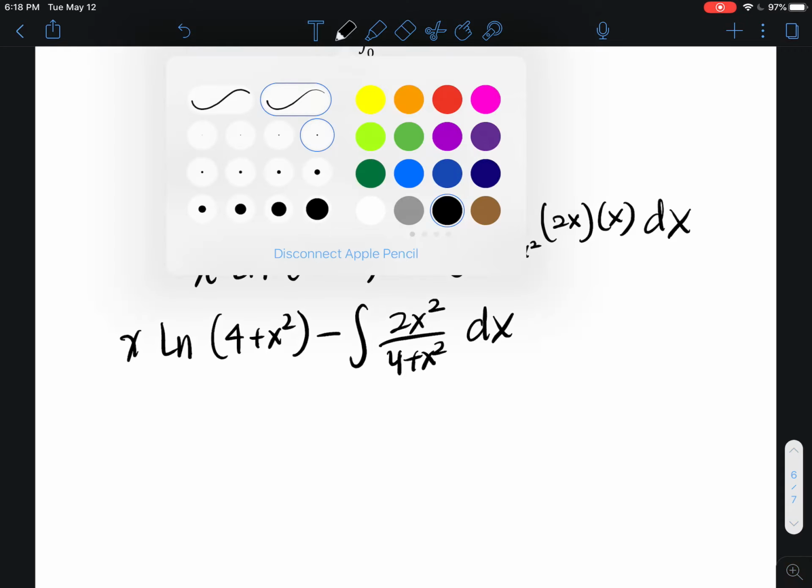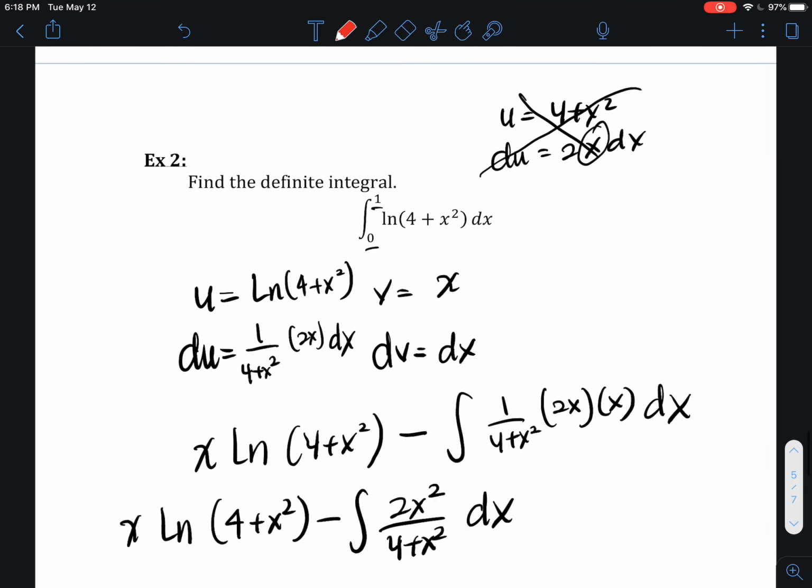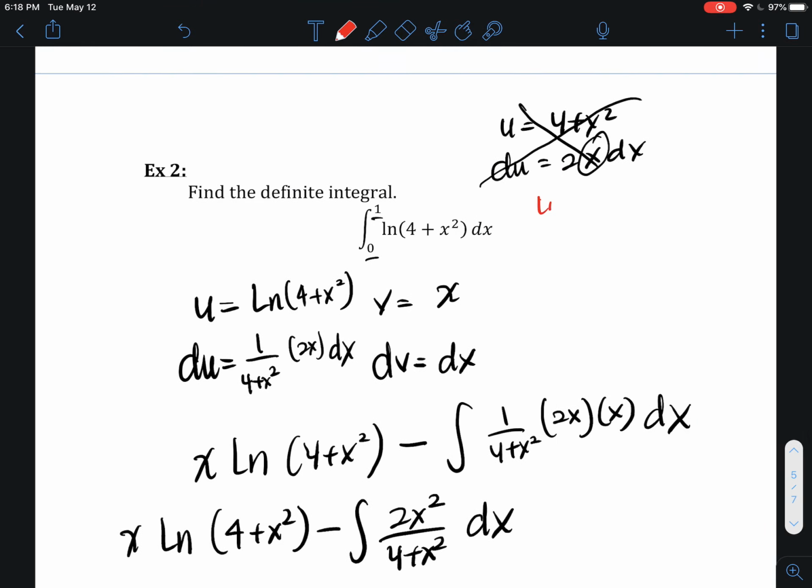Who remembers long division? So, let me see, where do I have a little bit of room? Maybe here? Let's do some long division. Inside of the house, the division house is 2x squared. Outside, I'm going to rewrite it correctly, so x squared plus 4, just so I can do the long division.